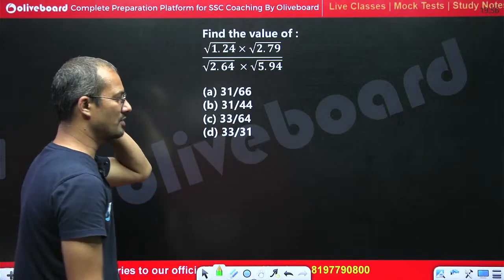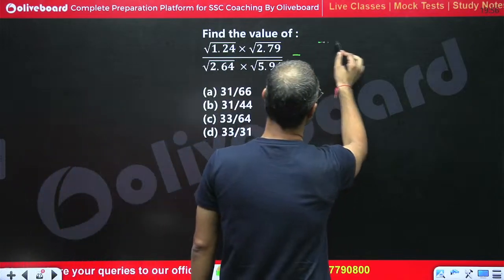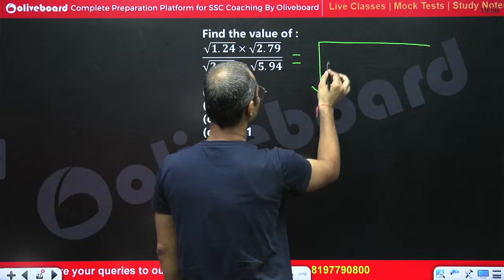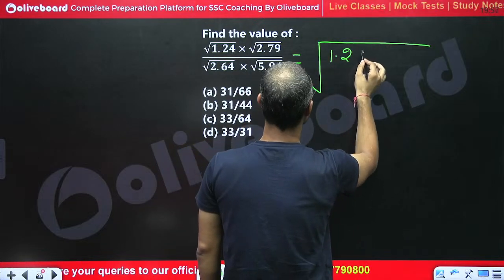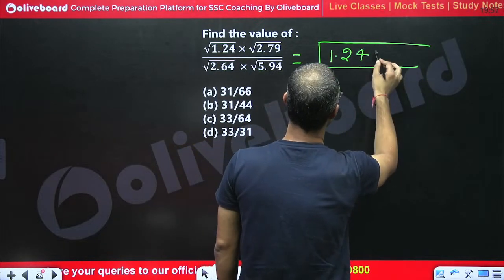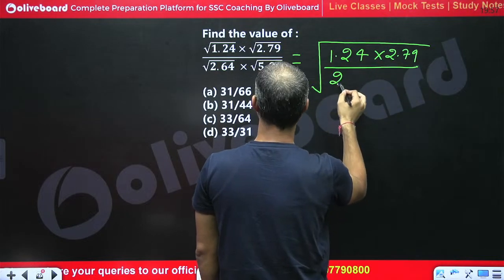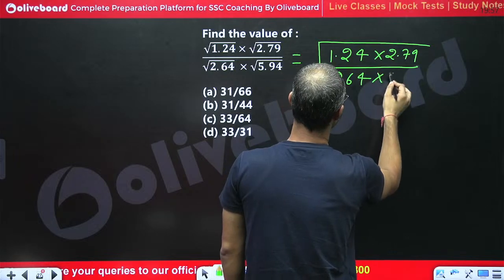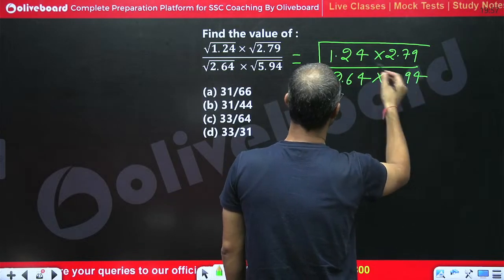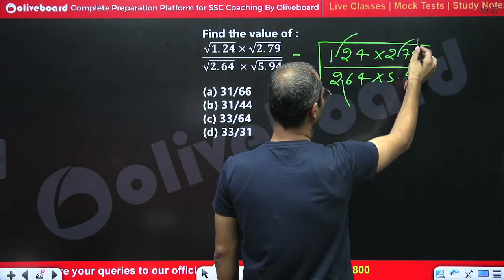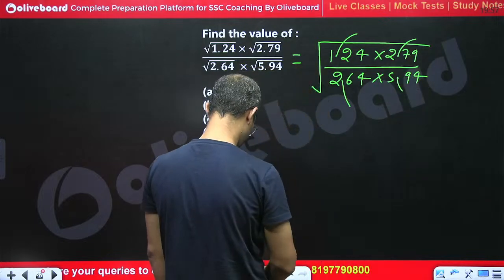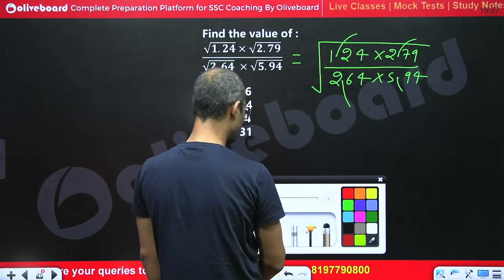Again, a very simple question. We can take all the digits in a single fraction, right? So this would be equal to 1.24 into 2.79 divided by 2.64 into 5.94. The decimal point would get cancelled out, right? So we can cut these numbers.